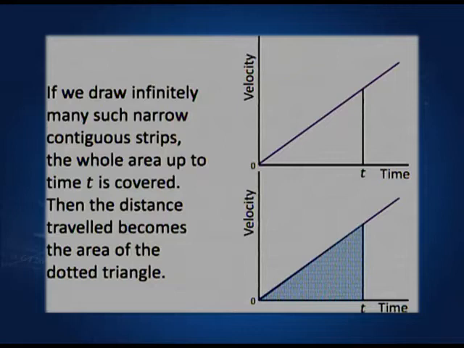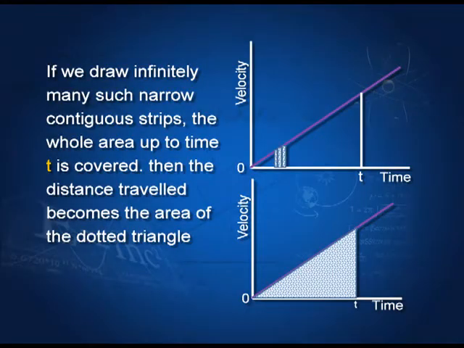We can erect many more strips of this kind, and if we cover all this area by these strips, then the total area would be equal to the area of these strips. That means, the total area would be equal to the distance covered, as we have shown here by covering this triangle by this mesh.